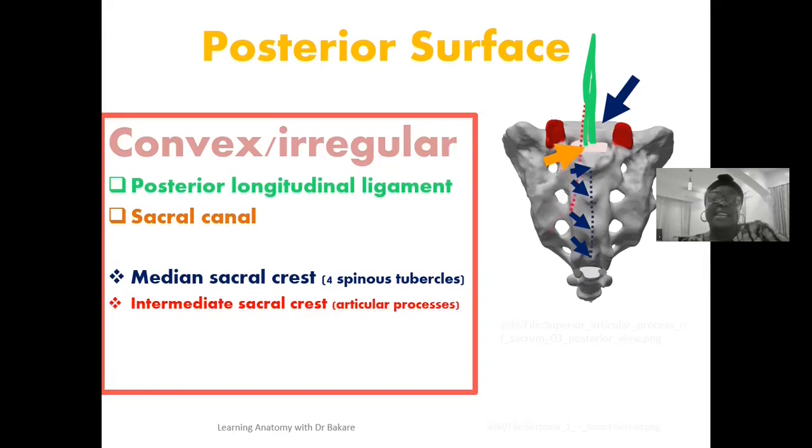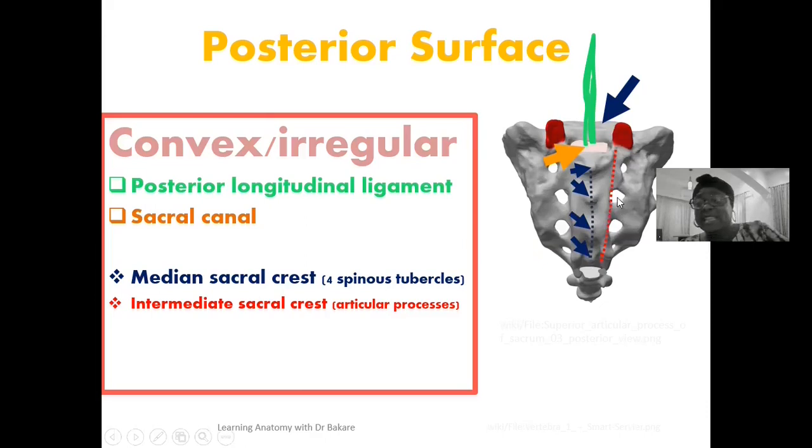This is the intermediate sacral crest here, highlighted in dotted red. It is formed from the articular processes of the individual sacral bones. We know that the sacrum is a collection of sacral vertebrae that are fused together, and this is what is highlighted here in this region.